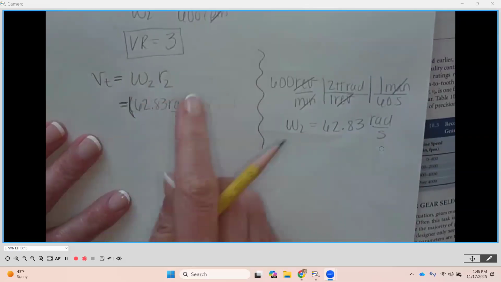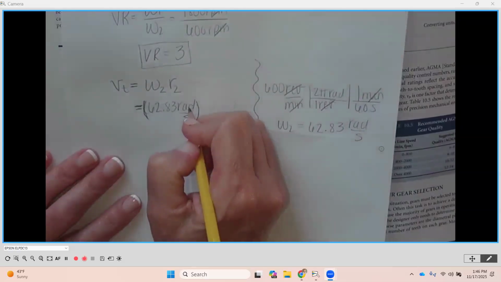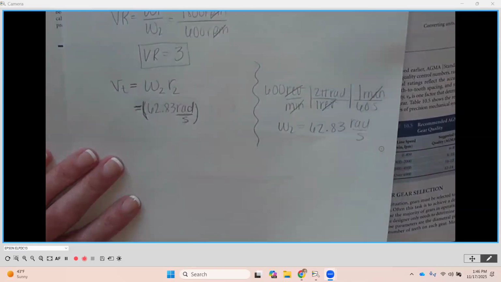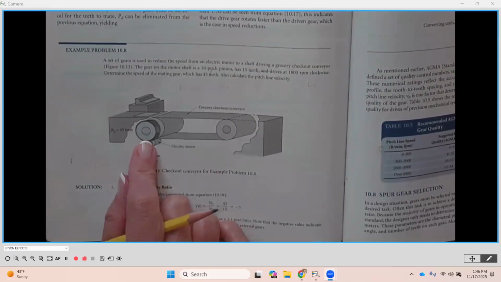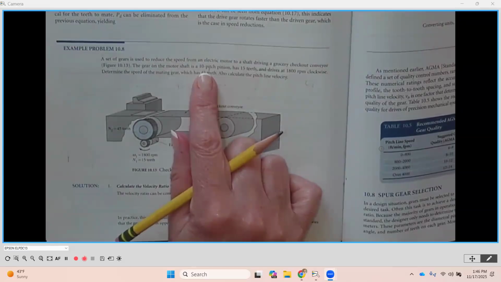Now, radius 2. So the radius of my gear, if I go to my problem, it did not give me the radius of my gear, did it? It gave me the number of teeth. And then I also know that it is a 10 pitch pinion, don't I?